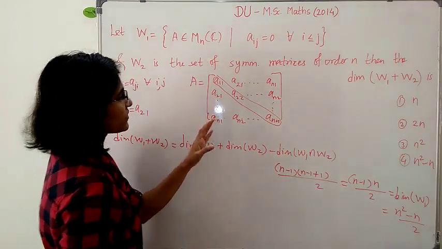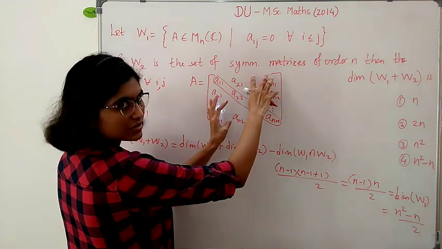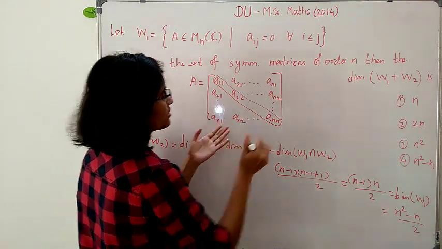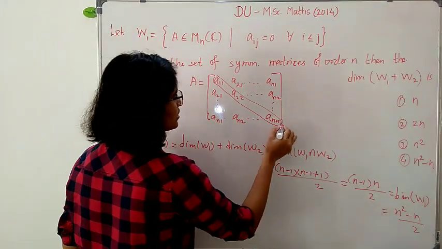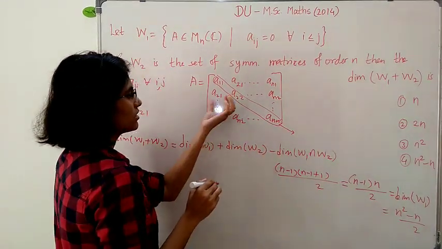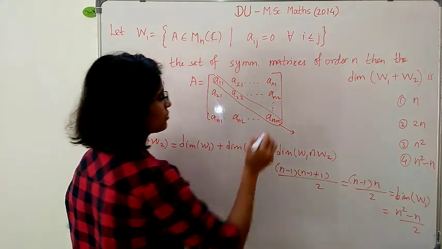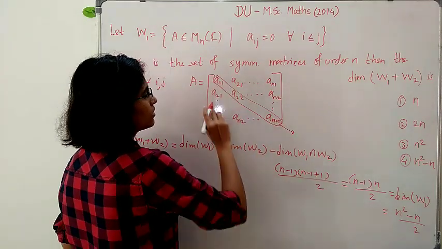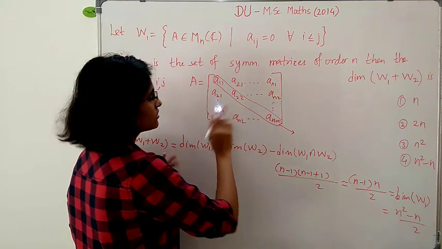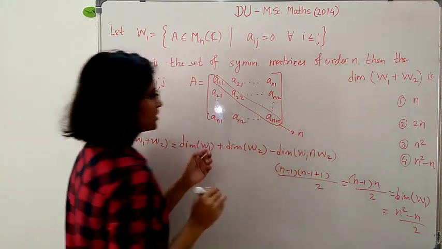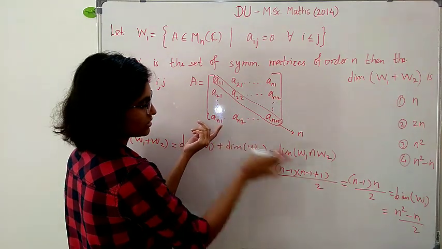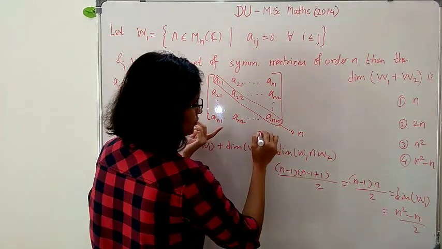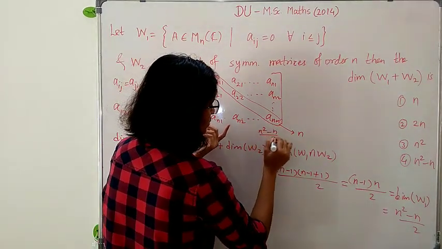So these are just the same entries. So what is the dimension of this? You just take these elements and take the sum of these elements. How many elements are these? These are just n in number, right? And we have just calculated these elements, this is just equal to (n square minus n) by 2, right?